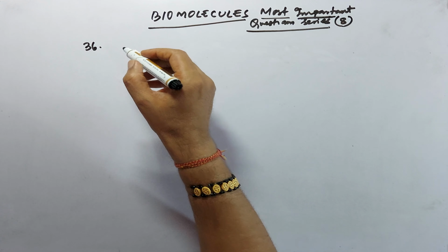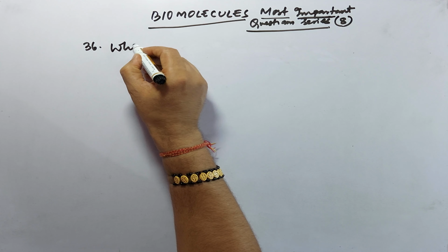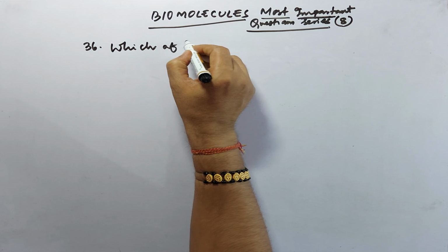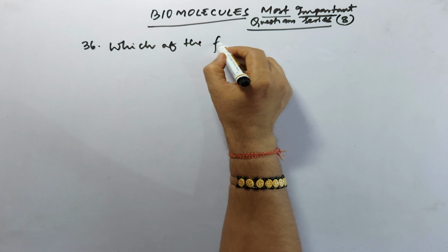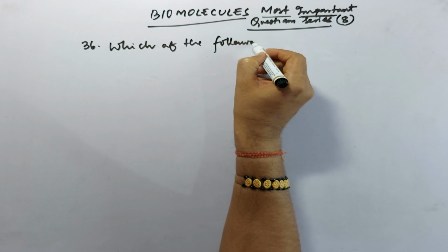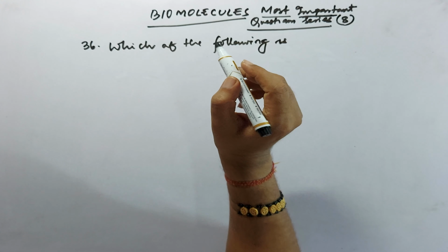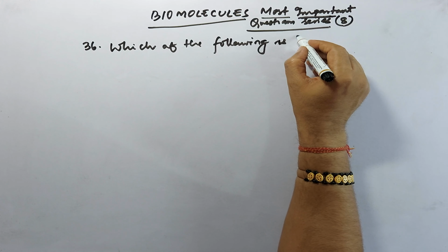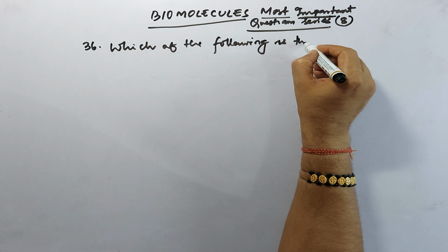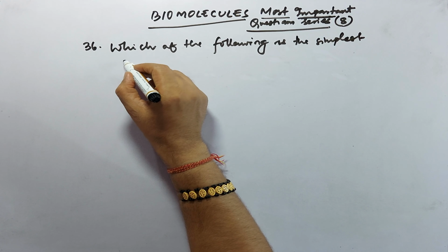Question 36. Which of the following is the simplest amino acid?